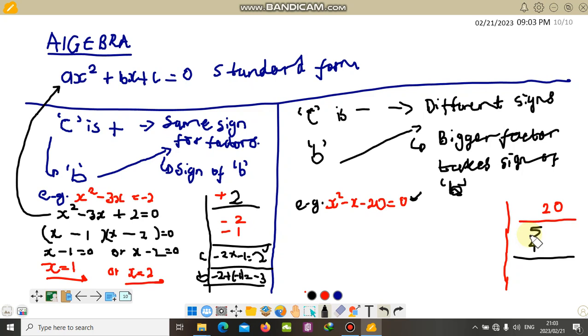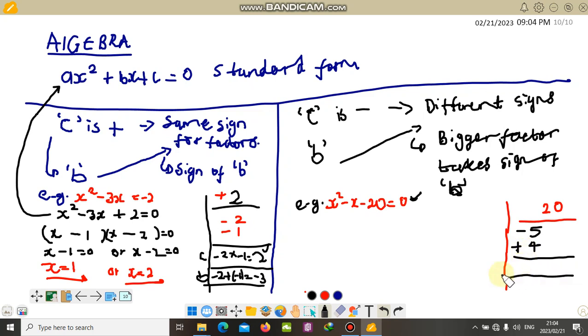The bigger factor is 5. It takes the sign of B. What is the sign of B? B is -1. So the sign is negative. So 5 takes the negative sign, meaning 4 will then take the positive sign because they have to be different.